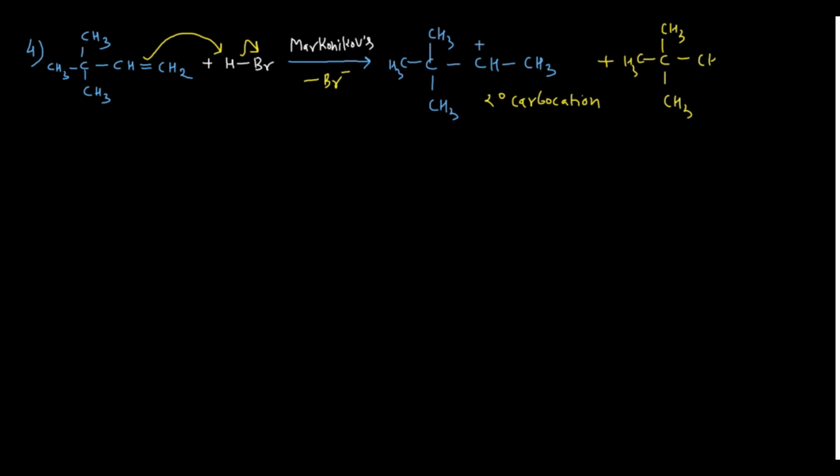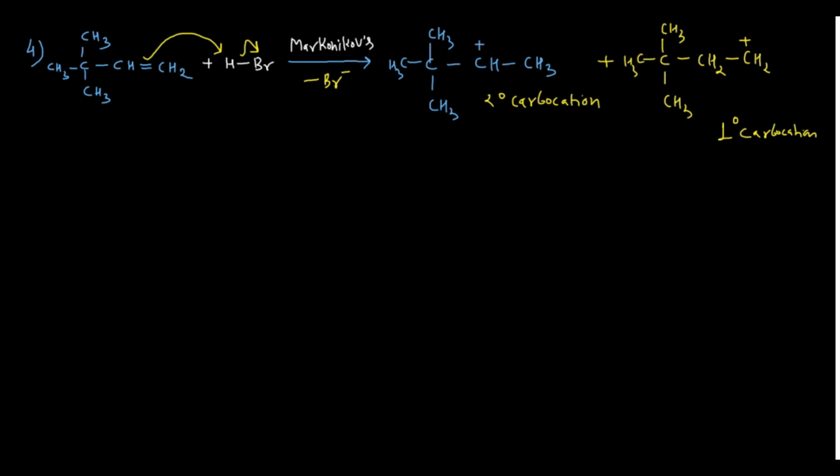This is CH2, this is against Markovnikov, and again this is CH2 positive. So this is a carbocation, and the nature of this carbocation is primary carbocation. Please remember, this one is according to Markovnikov, but this one is not according to Markovnikov. So you have this and this.